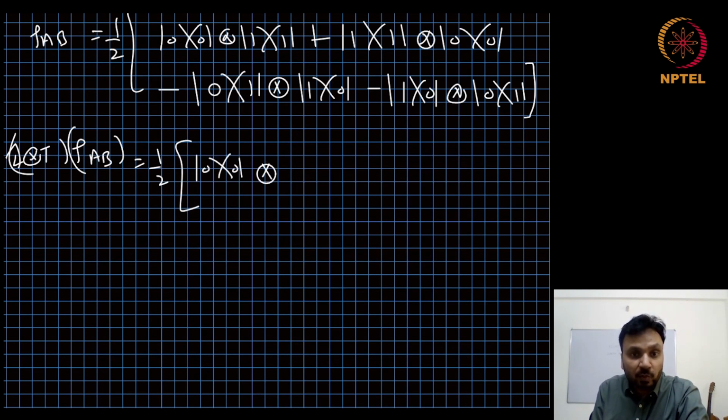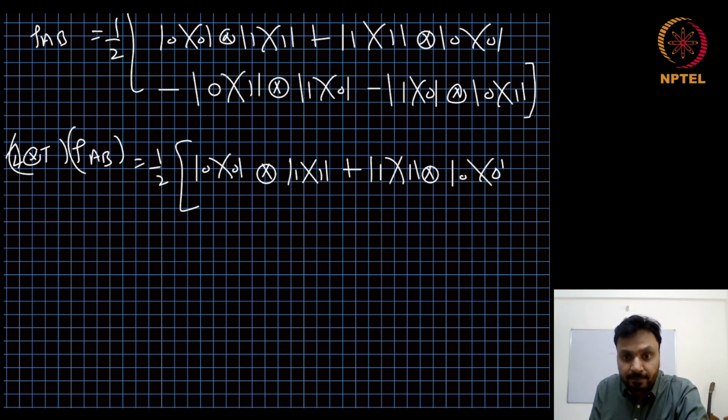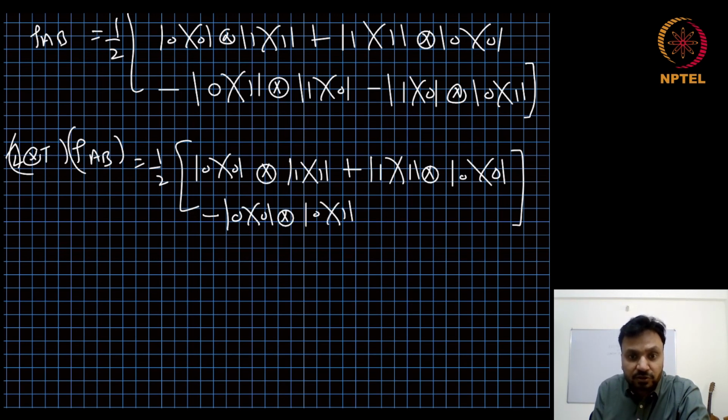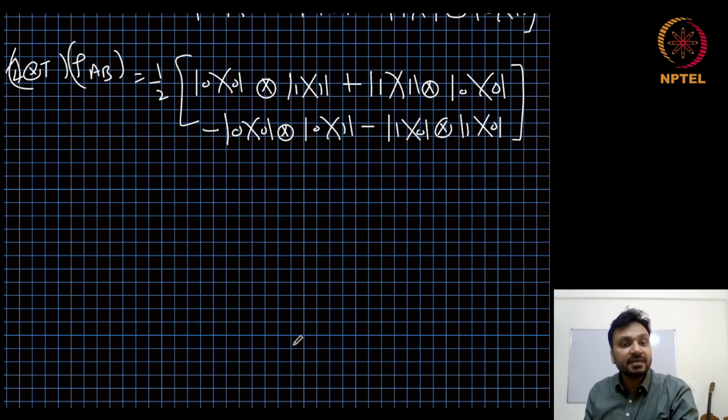So transposition on 1, 1 will remain 1, 1. 0 and 1 are real states, so there is no complex conjugate coming here. 1, 1 tensor 0, 0 will remain 0, 0, minus 1, 0 tensor 0, 1 will become 0, 1 tensor 1, 0 after taking transposition, minus 1, 0 tensor 1, 0. So this is our state, or this is our matrix after transposition.